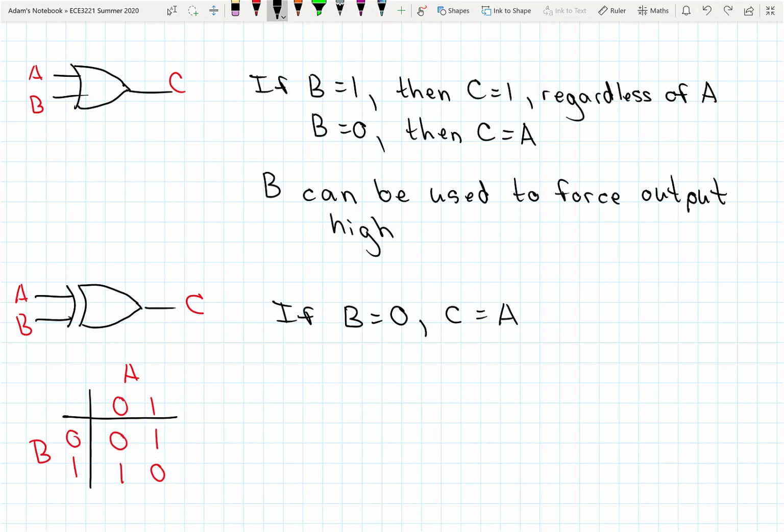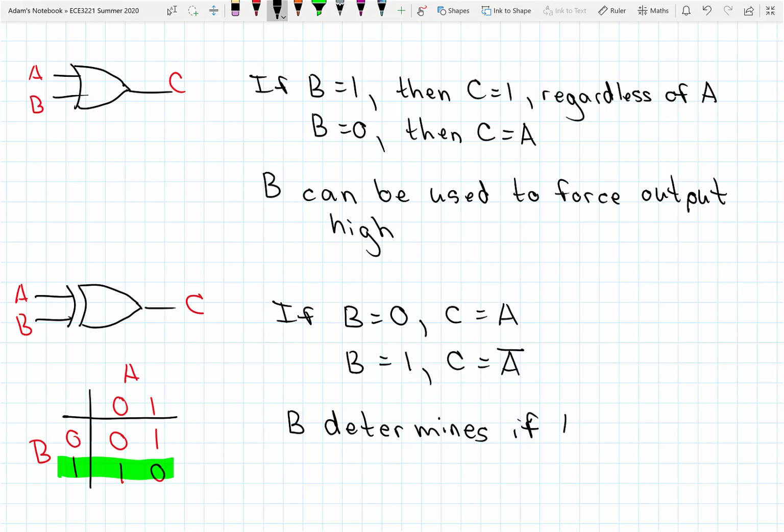What about if B is 1? Well, if B is 1, then the output, let's look at that. If B is 1, then the output is the inverse of A. So C will be equal to A bar. So looking at use of an XOR gate in this way, we see that B can be used to determine if A gets inverted or not.